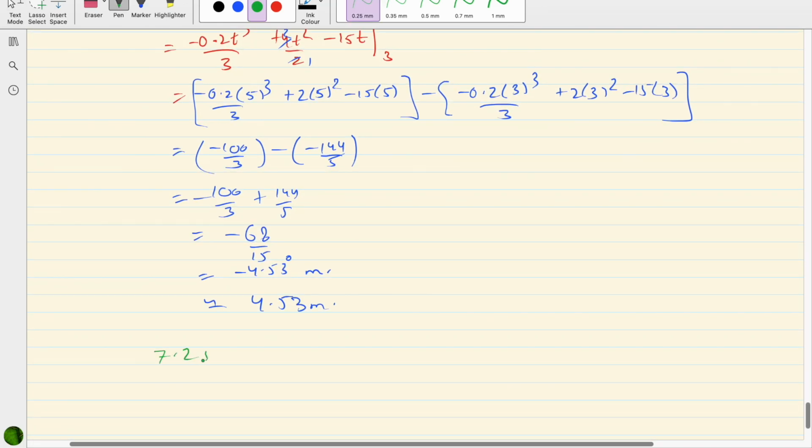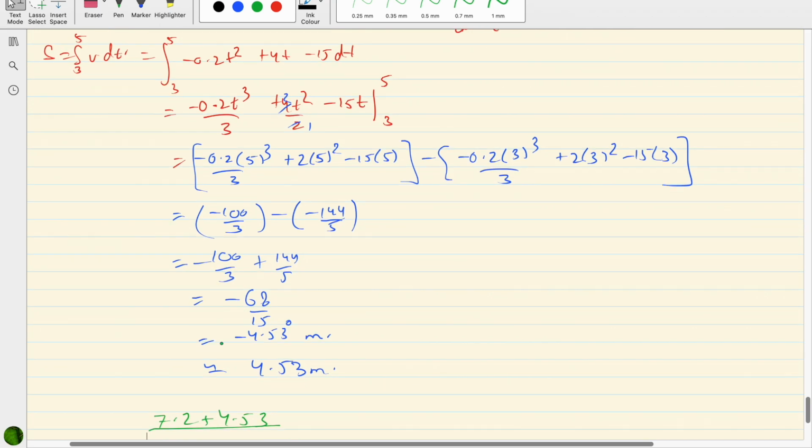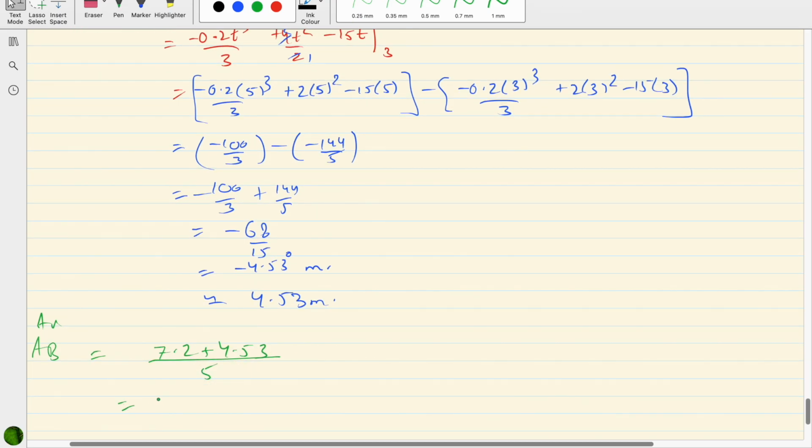So 7.2 plus 4.53, total distance, over total time. Time is from 0 to 5. So for this section A to B, average speed is 7.2 plus 4.53 by 5, and it comes out to be 2.346, approximately equal to 2.35 meters per second.